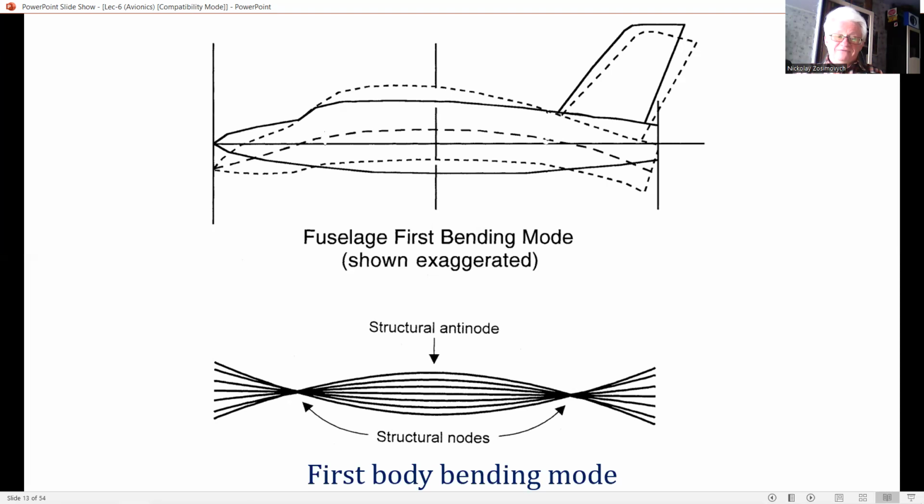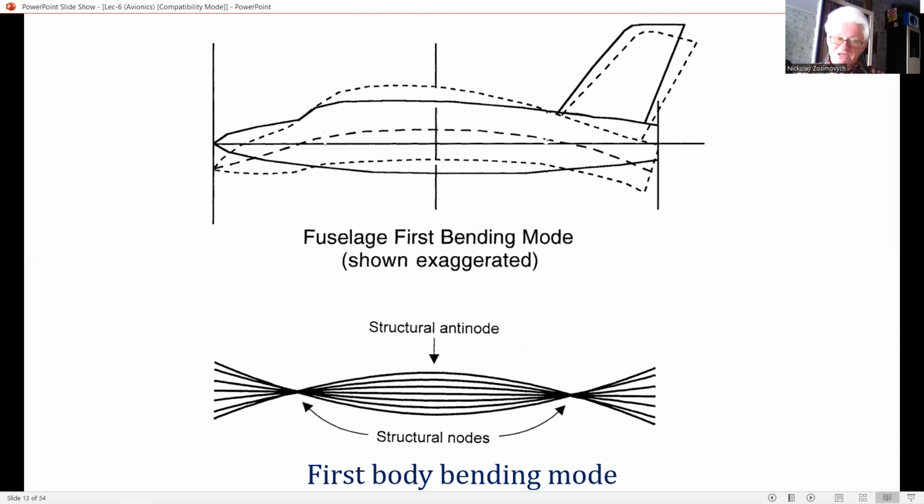So the FCS sensor, which senses the aircraft motion, also senses the structural deflection, and hence couples the structural modes into the control loop.